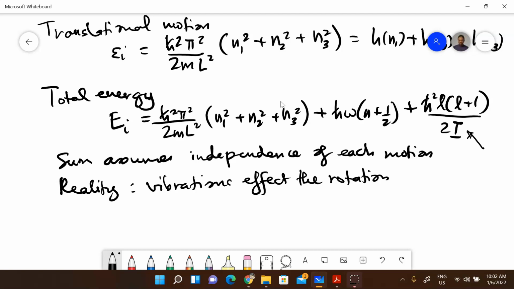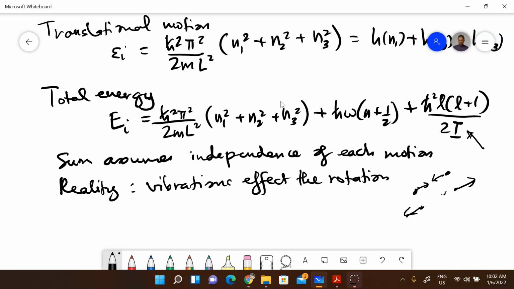As you have vibration, for example in this kind of mode, your I changes. Or if you have this other mode, your I again changes.